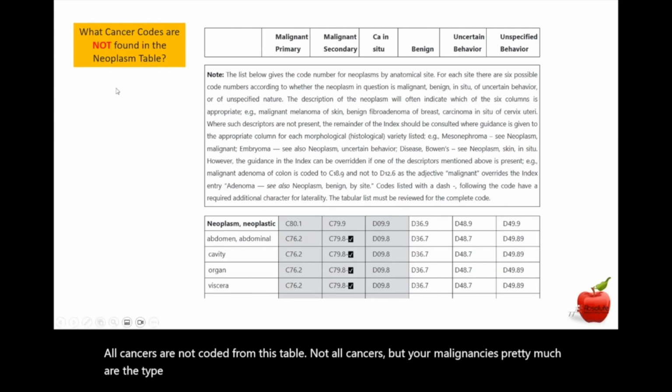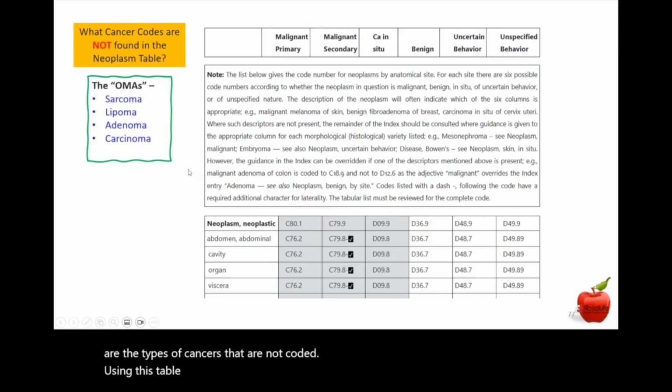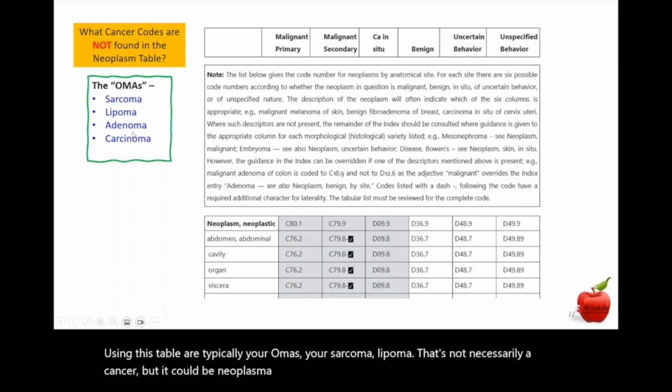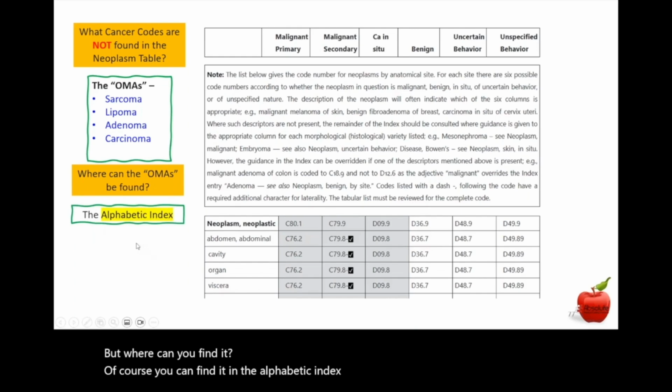The types of cancers that are not coded using this table are typically your omas, your sarcoma, lipoma. That's not necessarily a cancer, but it could be a neoplasm. Also, adenoma, carcinoma. They are not from this table, but you can find them in the alphabetic index.